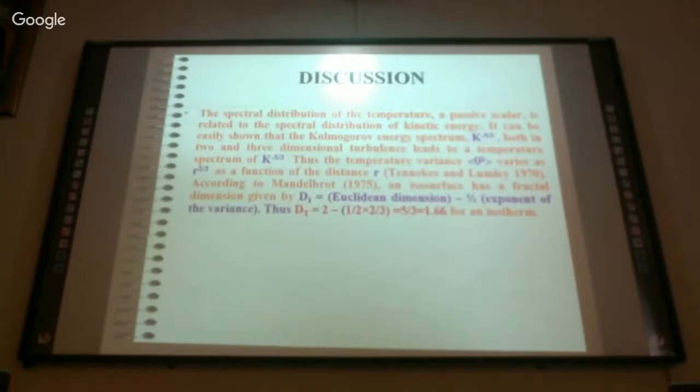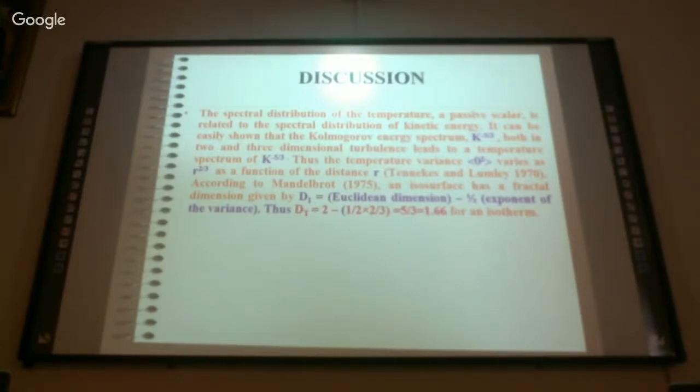The spectral distribution of the temperature, a passive scalar, is related to the spectral distribution of kinetic energy. It can be easily shown from the Kolmogorov energy spectrum that both in 2 and 3 dimensions this leads to a temperature spectrum. Thus, the temperature variance varies as kappa to the power 2 by 2 as a function of distance r. Fitting our value into the Kolmogorov model, it turns out to be 1.66 for an isotherm.